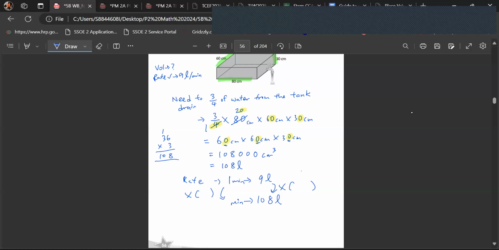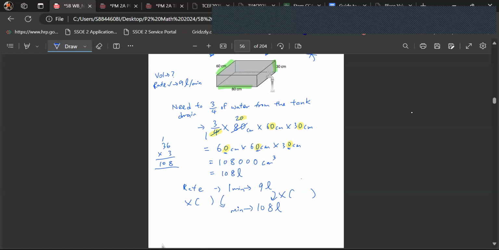So 1 minute is 9 liters. To drain out 108 liters, how many minutes is that? 9 times what gives you 108? 12. Very good. So 12 minutes.